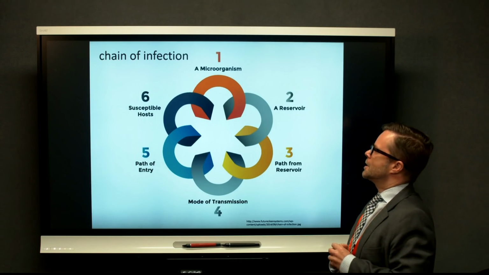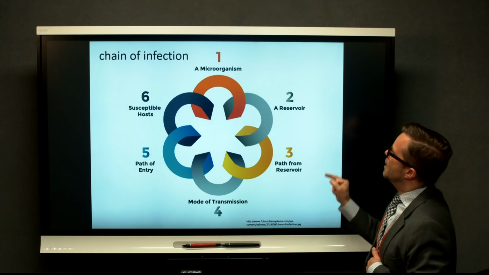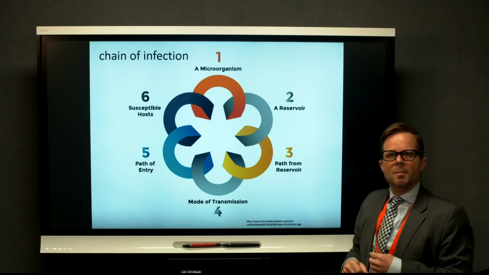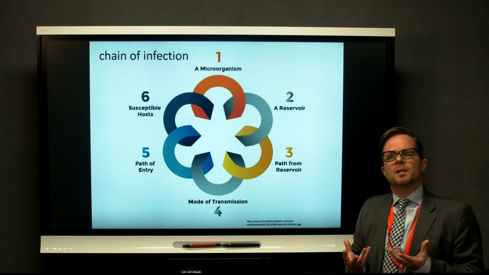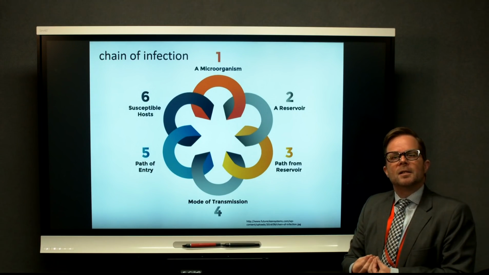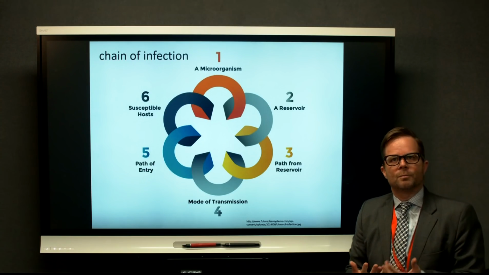relates to our strategies. So the microorganism requires a place to live, or what we call a reservoir. So there must be somewhere where the microorganism is able to exist and be viable and to multiply if possible.